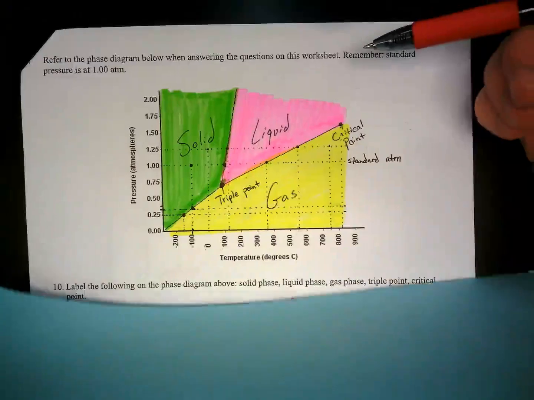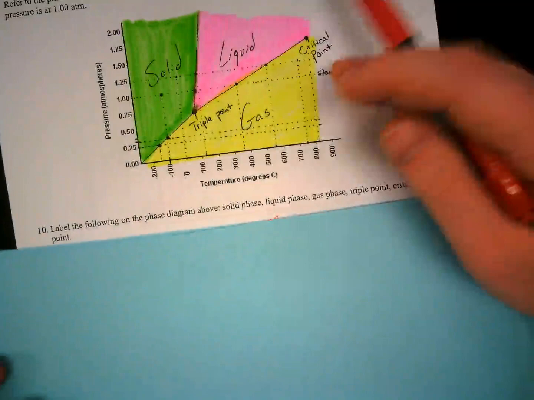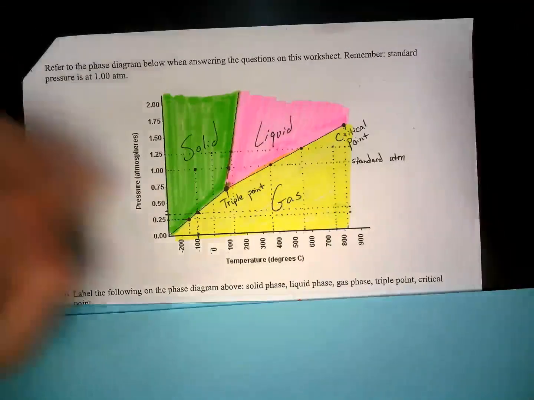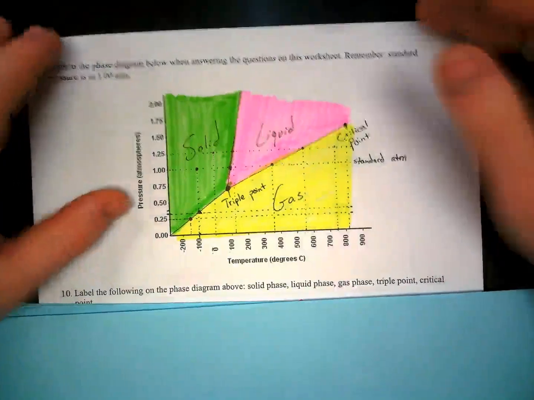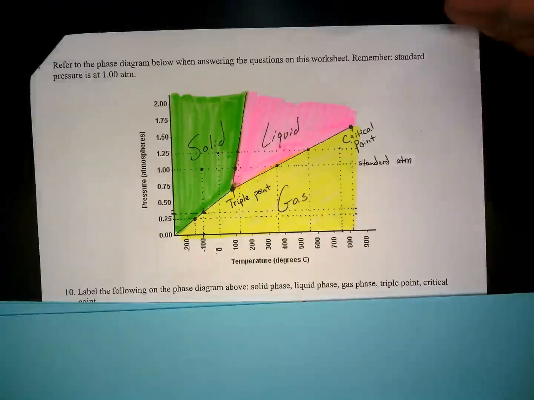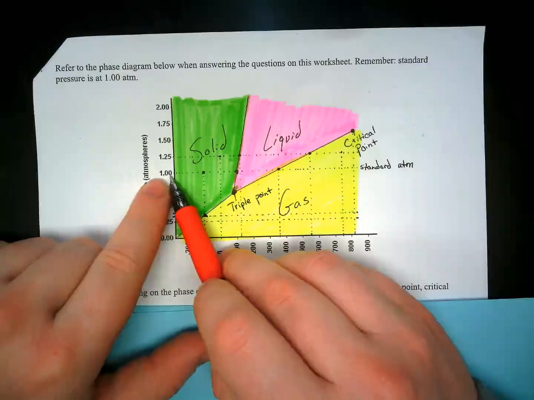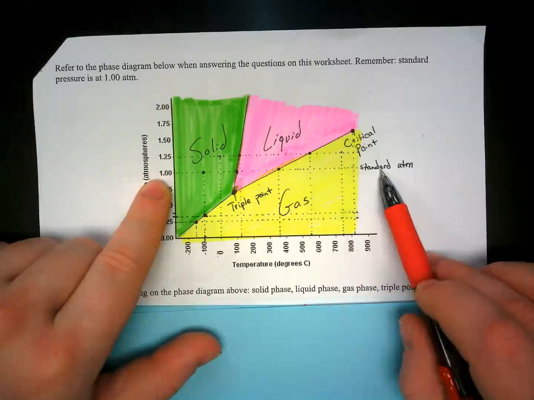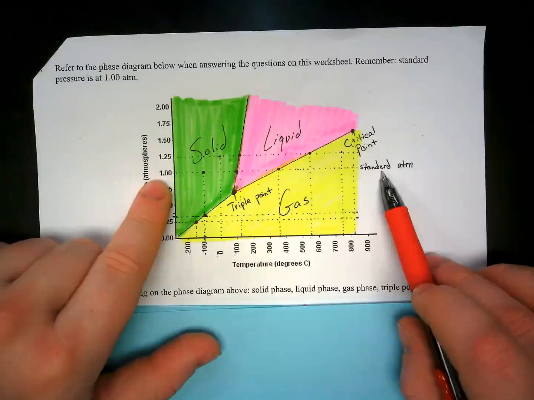Okay. The next question is, what's the standard melting point of this substance? So at what temperature, at standard pressure, which will be just 1 atm, is it going to go from a solid to a liquid? All we've got to do is make a little dotted line across here.